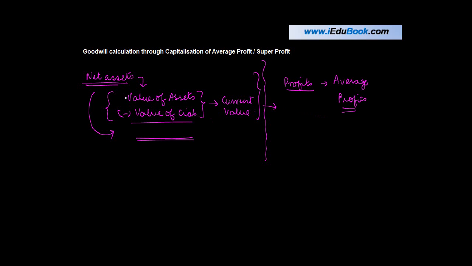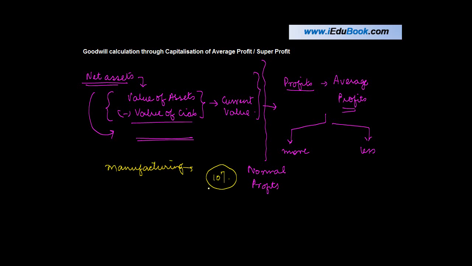Now, depending on how you are using the assets of the business, these profits can be either more or less than the normal profits earned by a company. So let's say you are engaged in manufacturing of XYZ commodity, a normal company in that range will earn 10% return, right? So we ask, what are the actual profits earned by the company?